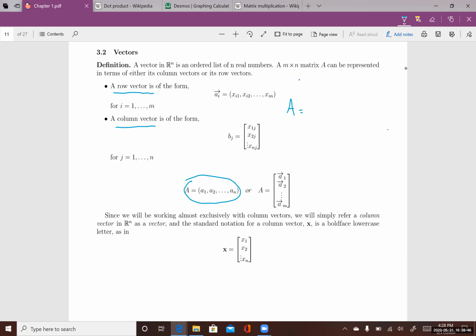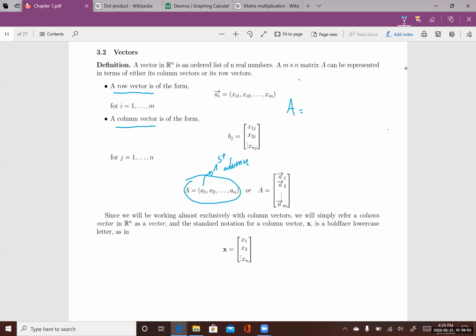So when you write A equals a1, a2 to an, that means a1 here is the first column vector of A, a2 here is the second column vector of A, and so on and so forth.